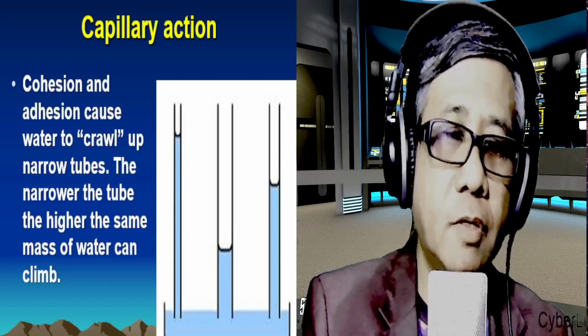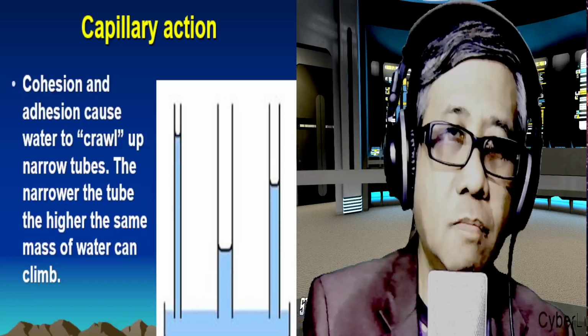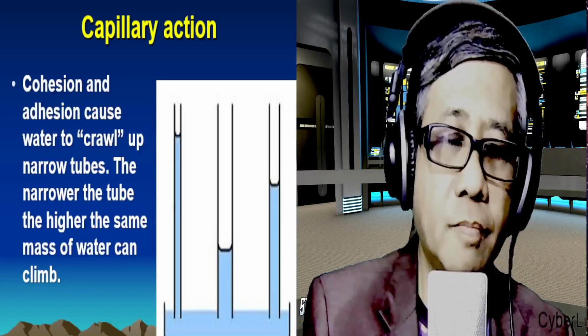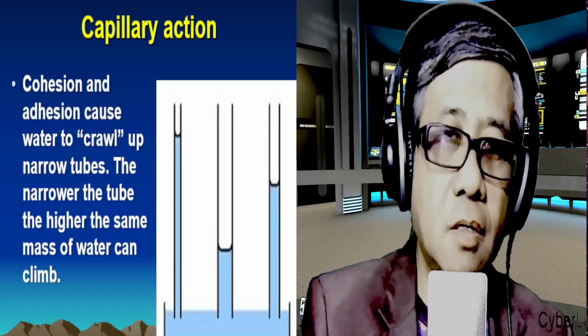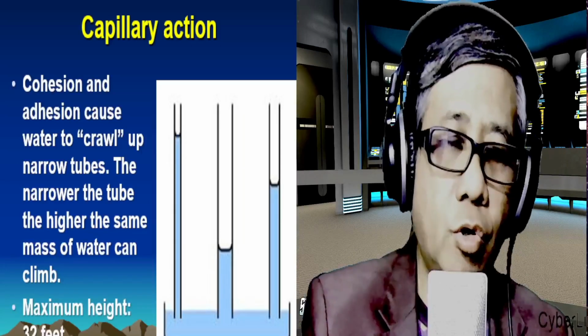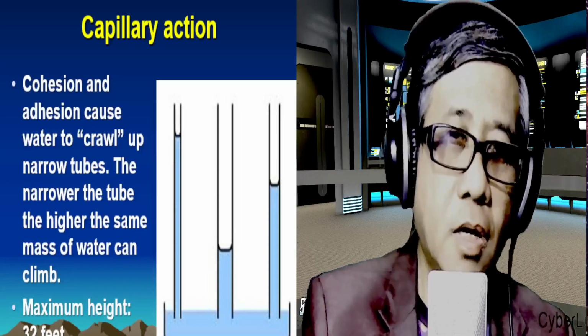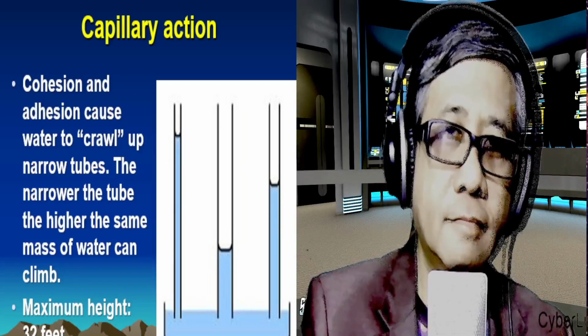But in spite of the fact that water crawls up these narrow tubes like the xylem due to cohesion and adhesion, there is a limit. Gravity comes into the picture, and the maximum height to which water can crawl up through capillary action is only 32 feet.